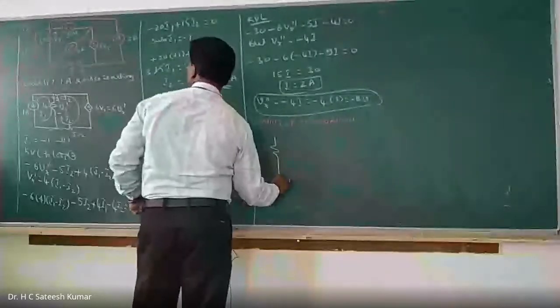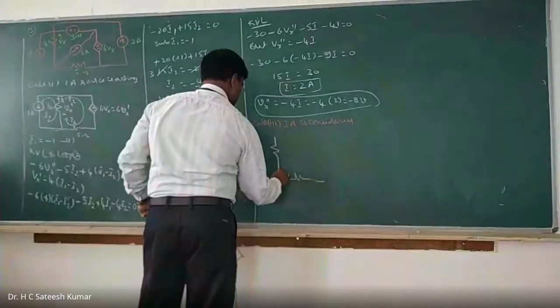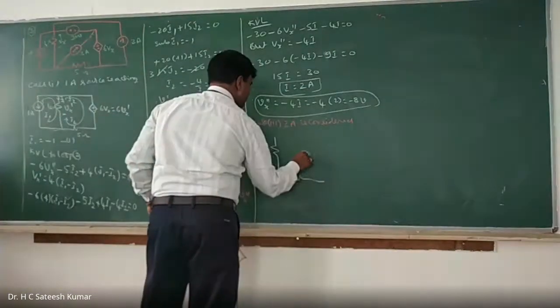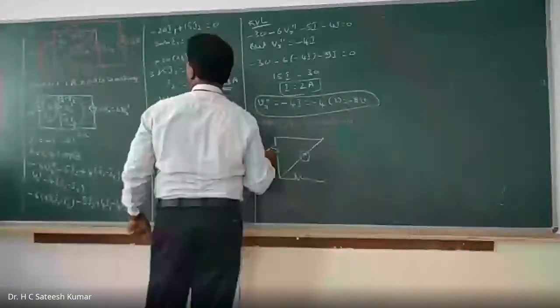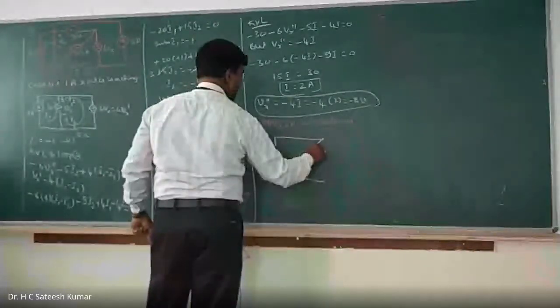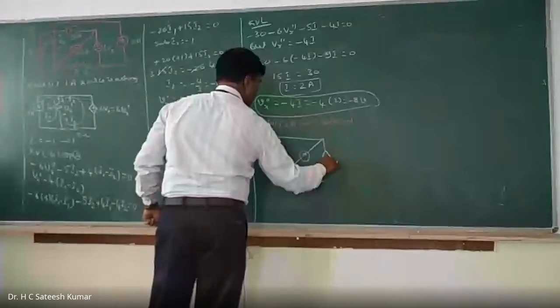The related circuit diagram and the 3 amp source, you should take it. And this is open, this is shorted, and this one plus minus dependent source, keep it as it is.